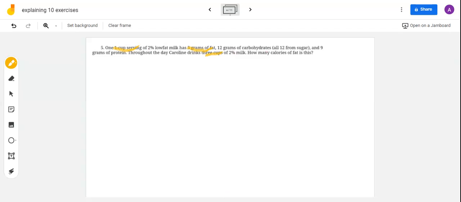So what you want to do is, and this is what I did, I took the 5 grams and I multiplied that by 3, which equals 15 grams, right? So you have 15 grams of fat.